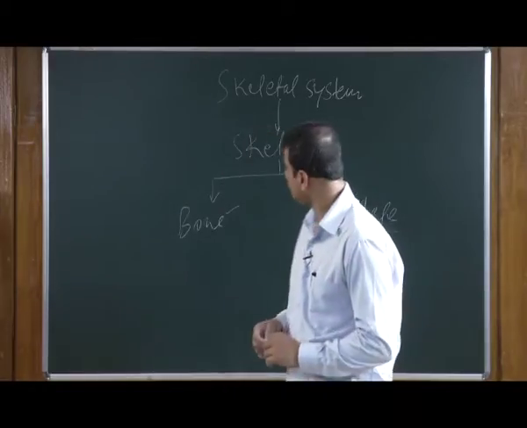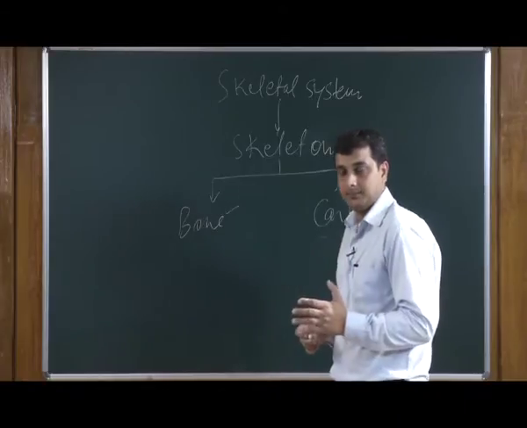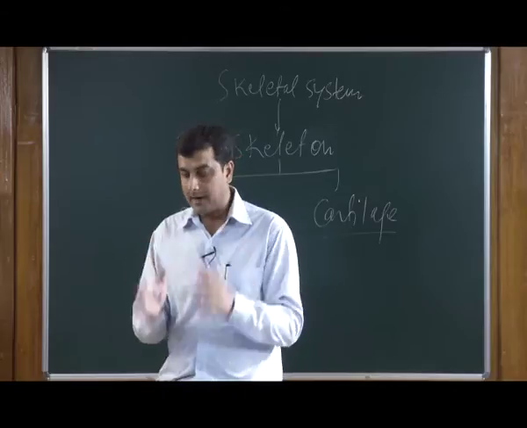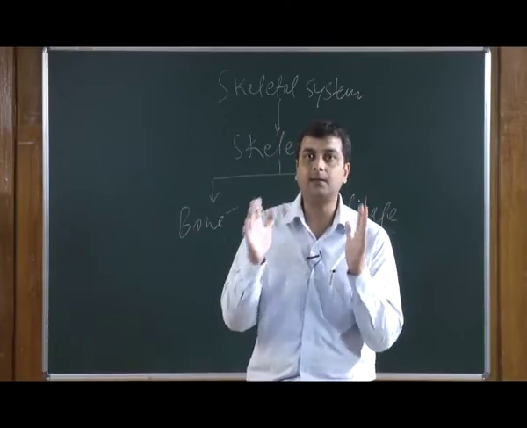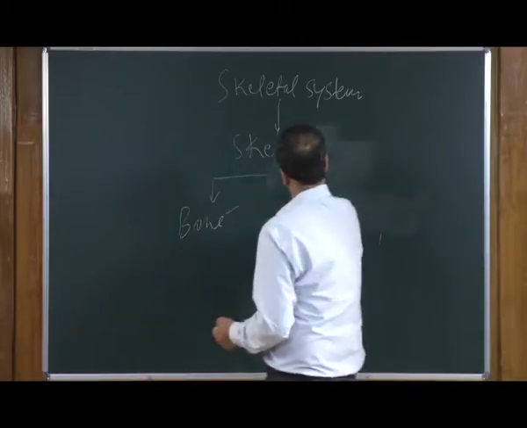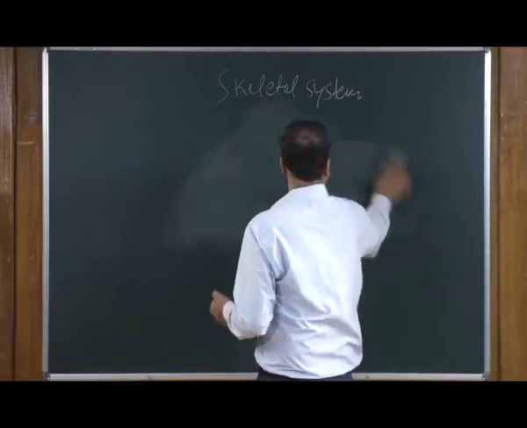Now, the whole skeletal system of the human body is divided into two parts. Mainly there are two principal components of this skeleton system. So, let us see what is there in the skeleton system.